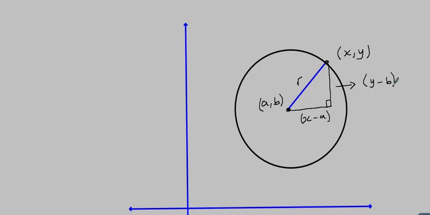Now the question is, is there a way of finding a relationship that connects the coordinates of the center, which is (a, b), and the radius in x and y? Actually there is, and I hope that you are thinking of Pythagoras theorem. So Pythagoras theorem says that (x minus a) whole squared plus (y minus b) whole squared is equal to r squared.